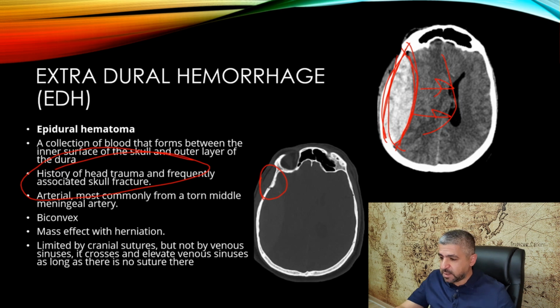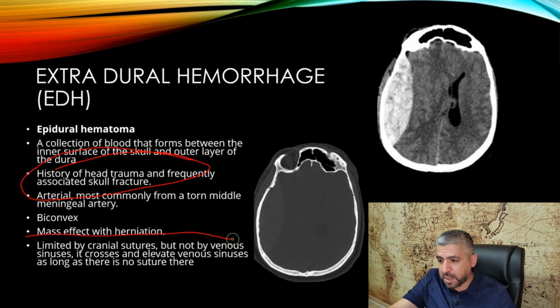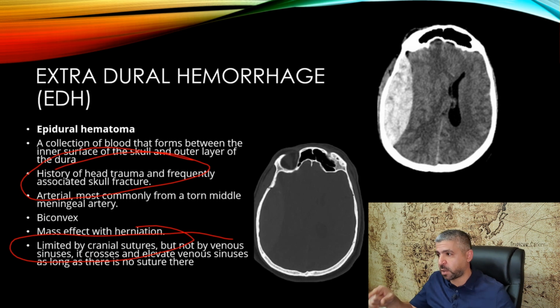And since the dura is adherent to the sutures of the skull, it will be limited by the cranial sutures, but not by venous sinuses, and it can cross and elevate the venous sinus as long as there is no suture related to the sinus.